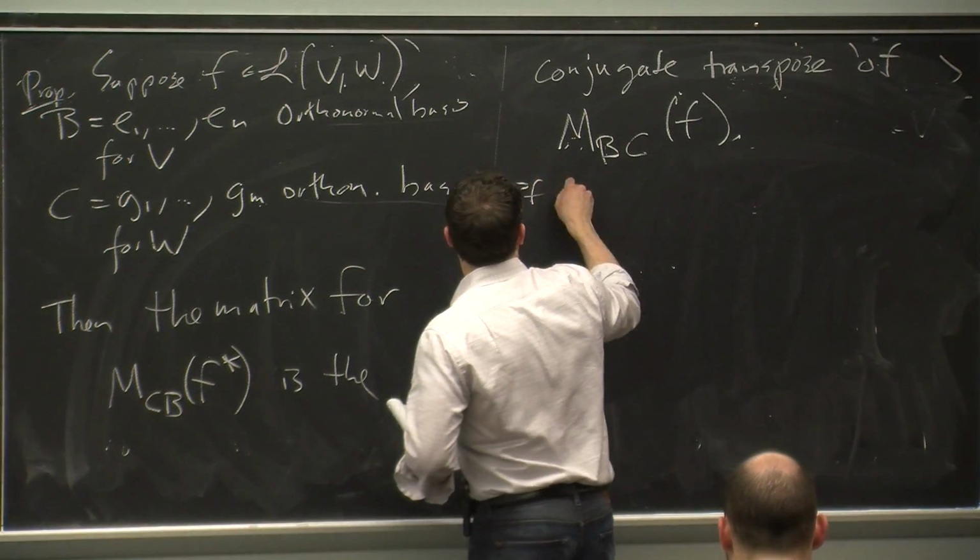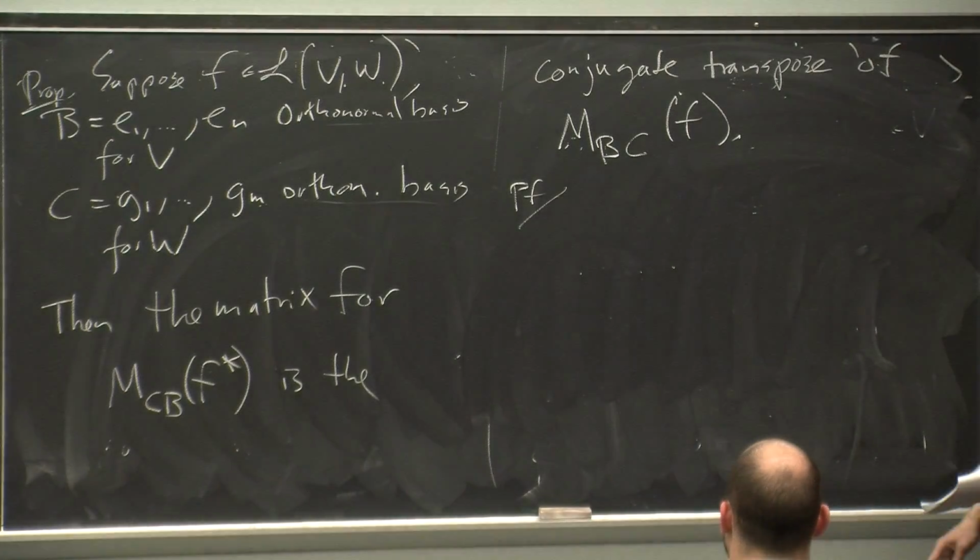So the proof is just thinking about what each of these matrices are, writing it out.